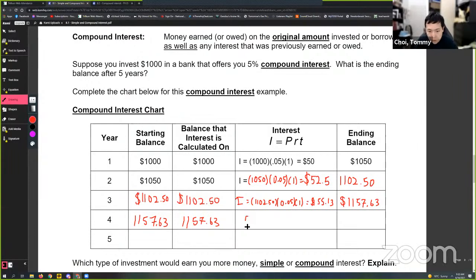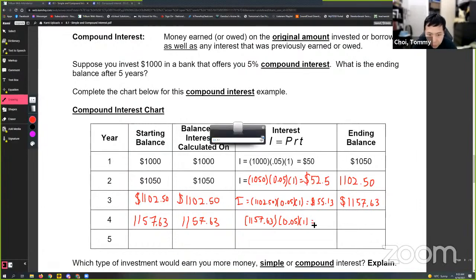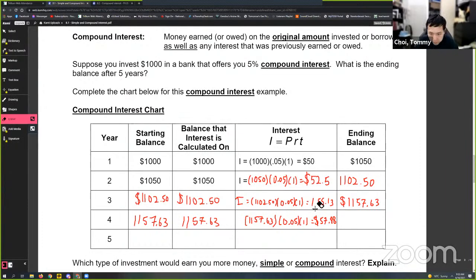So if we continue onwards here with like 1157.63 times 0.05 times 1. And so our new interest in the fourth year is 57.88. So I think you guys can see what's happening here.